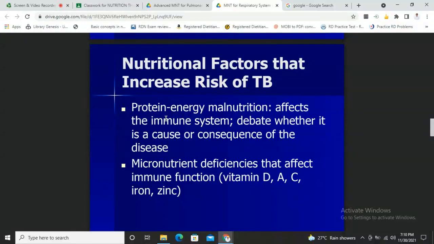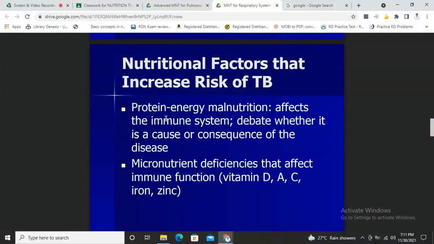So this is part of the vicious cycle of malnutrition, right? Whereby malnutrition is both the cause and the effect of the disease. When someone is malnourished, they get infected more easily, they catch infections more easily.